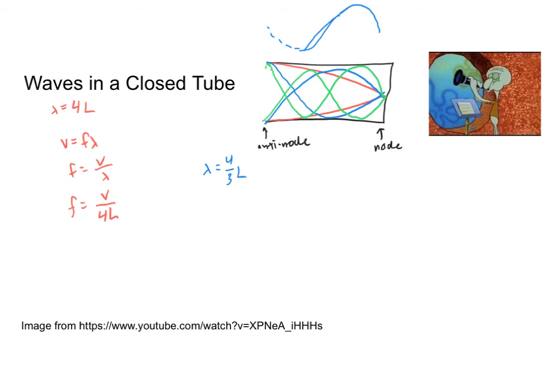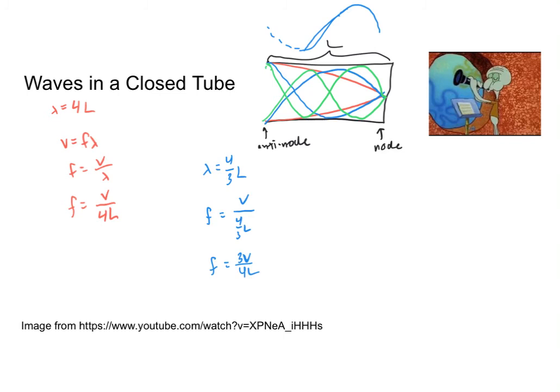And again, L is the length of my tube. So putting that into my equation, the frequency is equal to v over 4/3 of L, or my frequency is equal to 3v over 4L for my next harmonic.